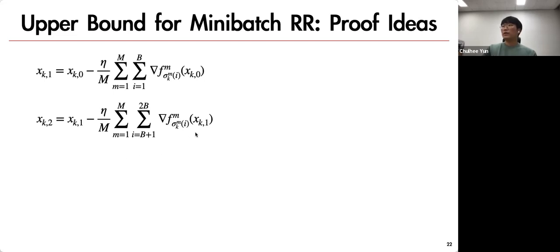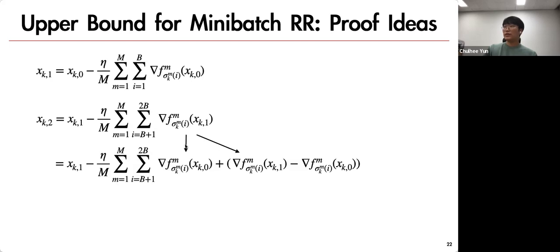However, in other words, we can actually add and subtract the gradient evaluated at x_{k,0} instead of x_{k,1}. So this allows us to decompose this gradient into, quote unquote, signal and, quote unquote, noise. Okay.